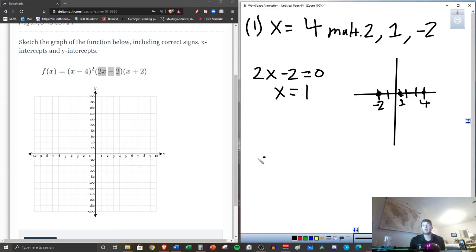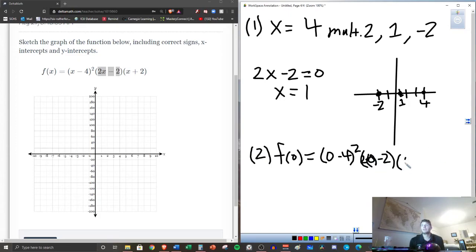Next, we want the y-intercept. That's plugging in 0 into the function. So 0 minus 4 squared, times 2 times 0 minus 2, sorry, and then 0 plus 2. Again, you could just write it like this if you wanted.